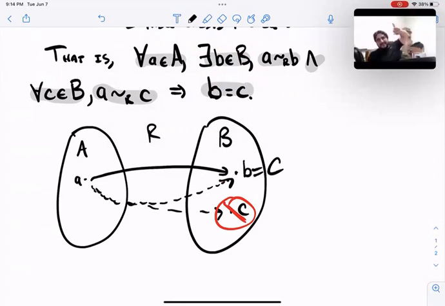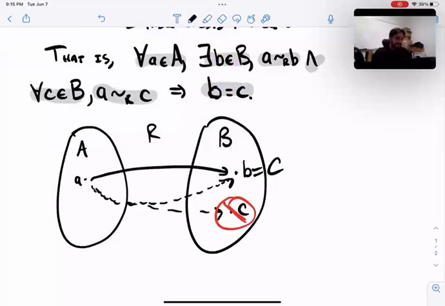That C and B cannot be distinct elements. So that's a way that you can express uniqueness, right? So this is how the blob diagram would look for the arrow diagram for expressing a relation that is a function, right? You could never have two arrows coming out of the same element in the input space on the left hand side, right in set A.